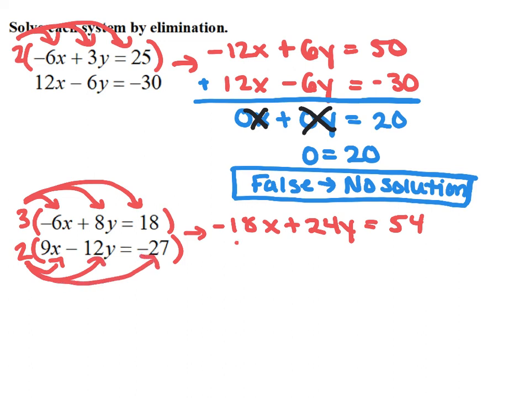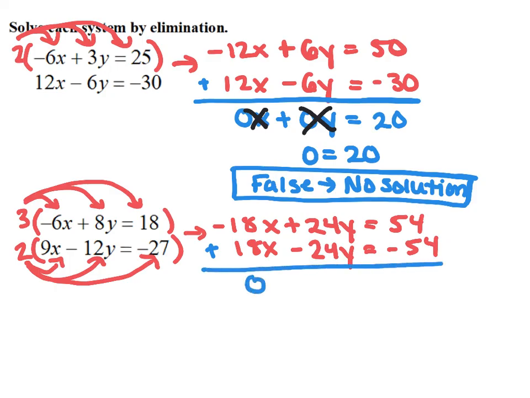And if I distribute the 2 for the second equation, it'll give me 18x minus 24y equals negative 54. Now if you add those two equations together, you'll get 0x plus 0y equals 0.